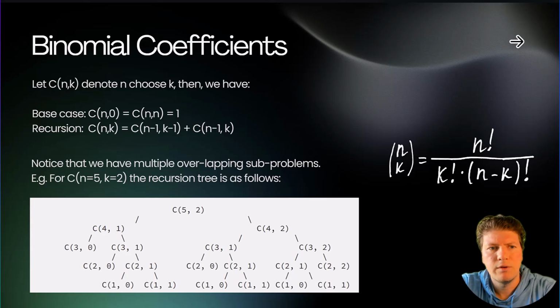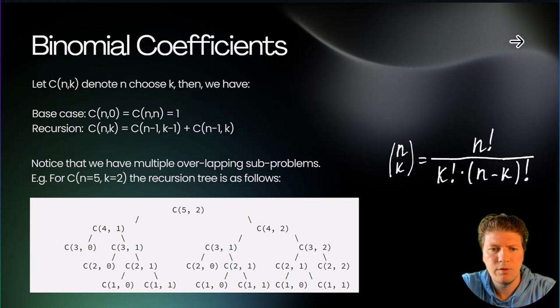So let C(n, k) denote n choose k. Then we have our base case and recursion expression. And if we plug in n equal to 5 and k equal to 2, we get the recursion tree as follows. And notice there's entire subtrees that are identical in this recursion tree.